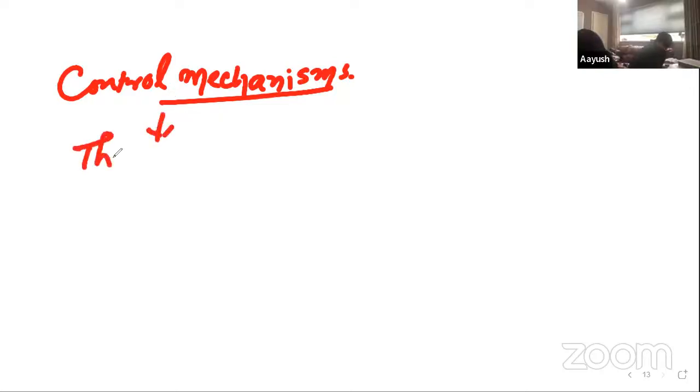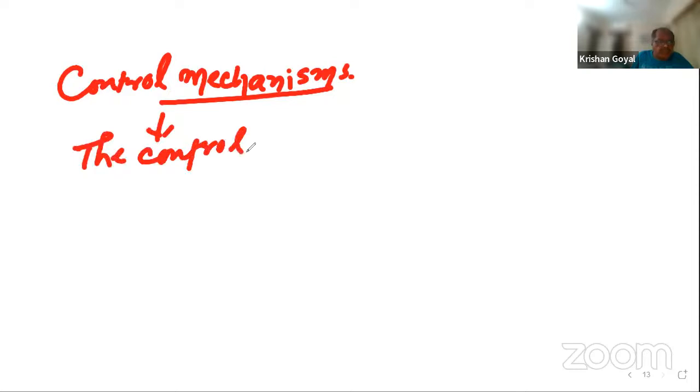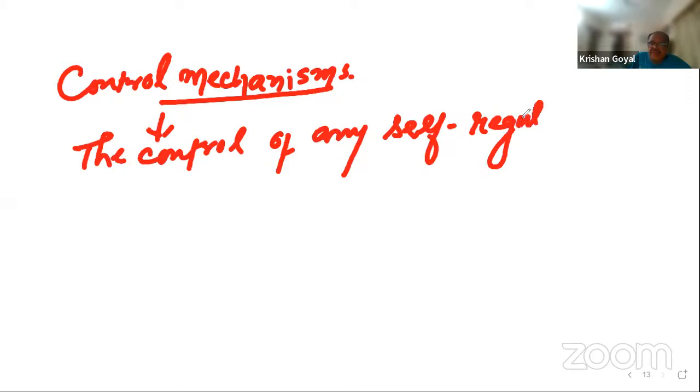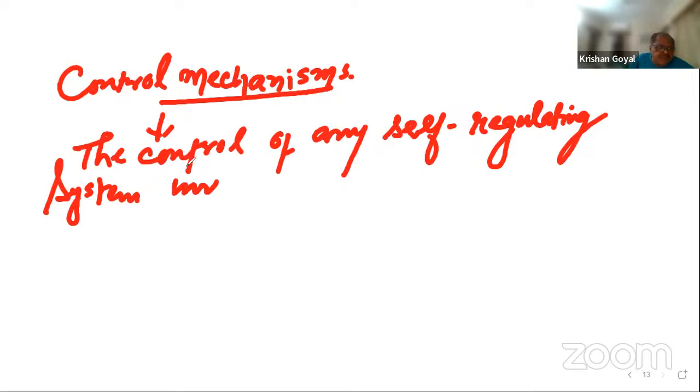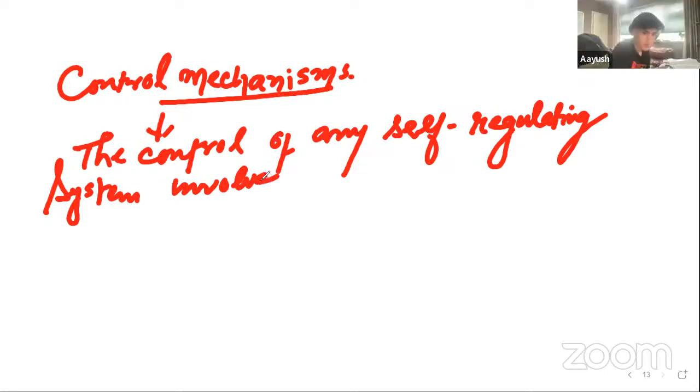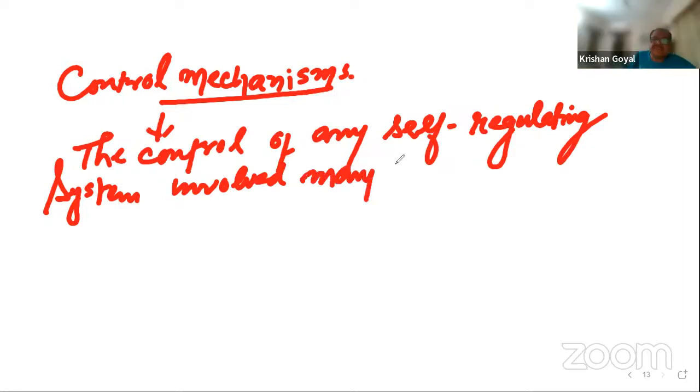The control of any self-regulating system involves many steps.